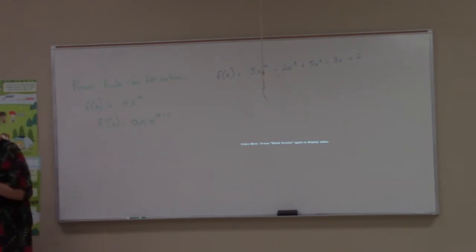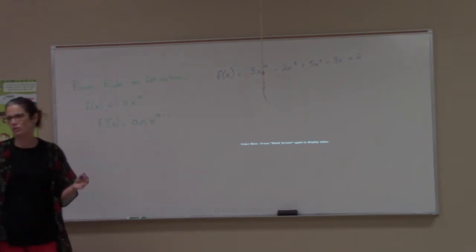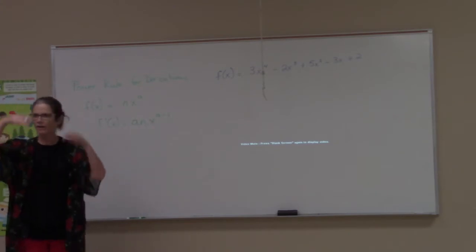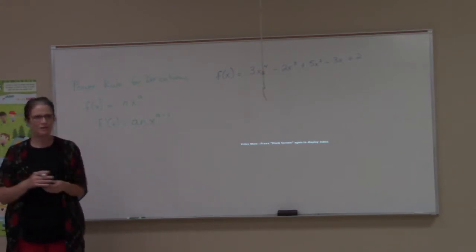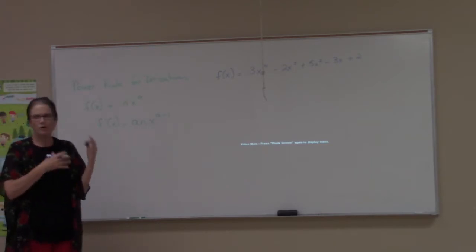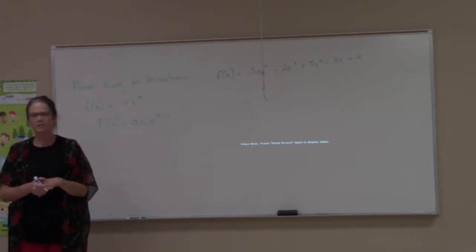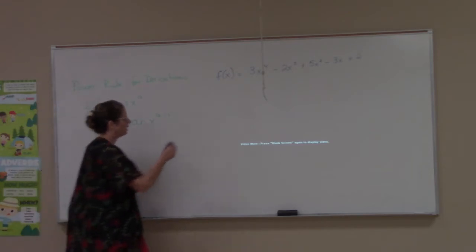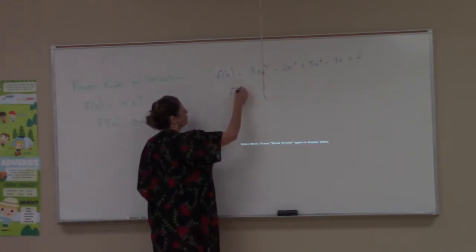So do you see now we are able to work with much bigger polynomials, much more exotic functions that the power rule makes much easier to work with, okay? All right, so let's just go through one at a time.